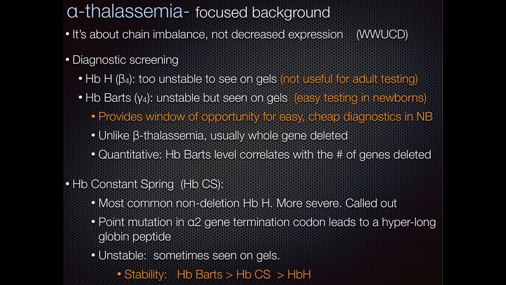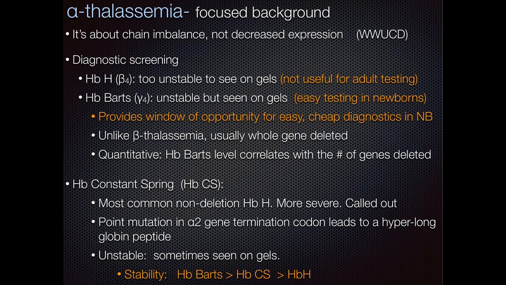Unlike beta thalassemia, usually the whole gene's deleted, and it's quantitative, in that the level of hemoglobin H correlates with the numbers of genes deleted. In contrast, hemoglobin constant spring, as mentioned, is not as common as the deletion form of hemoglobin H, but it's much more severe, and thus was called out.